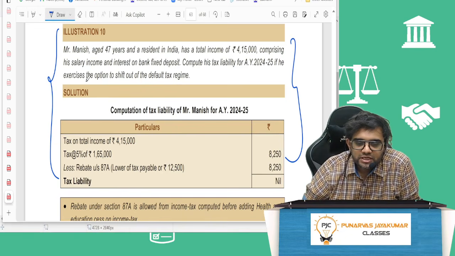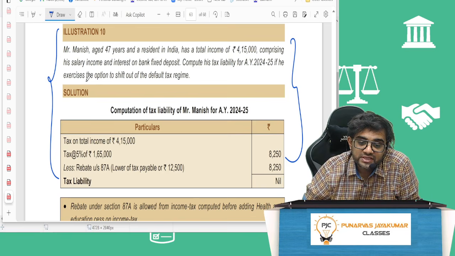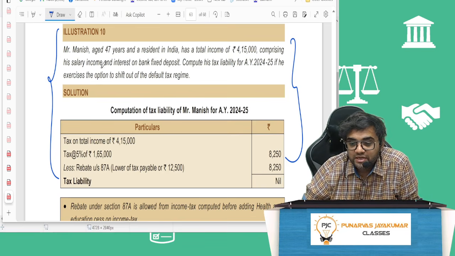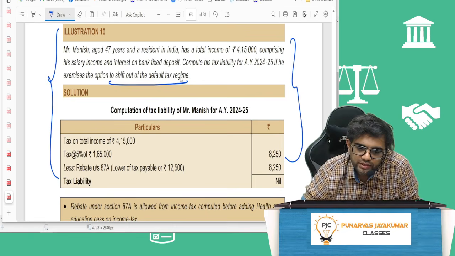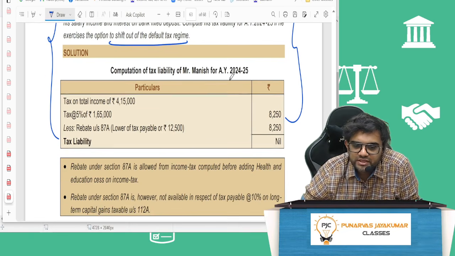So here you see Manish, age 47 years and resident, with a total income of 4,15,000 comprising his salary income and interest on bank fixed deposit. Compute his tax liability for assessment year 24-25 if he exercises the option to shift out of the default tax regime. So here how much is it?